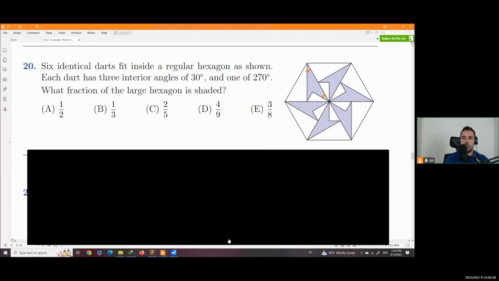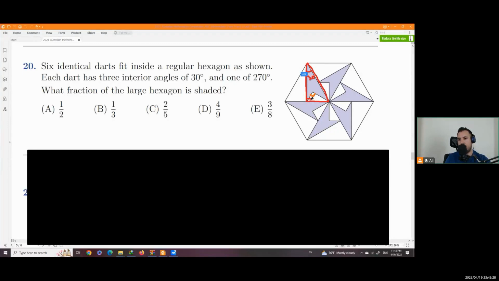Because this one is 270, this would be a right angle. And even in the picture, we could see the two triangles. If I call this one highlighted red, this one will be 30, not very clear.